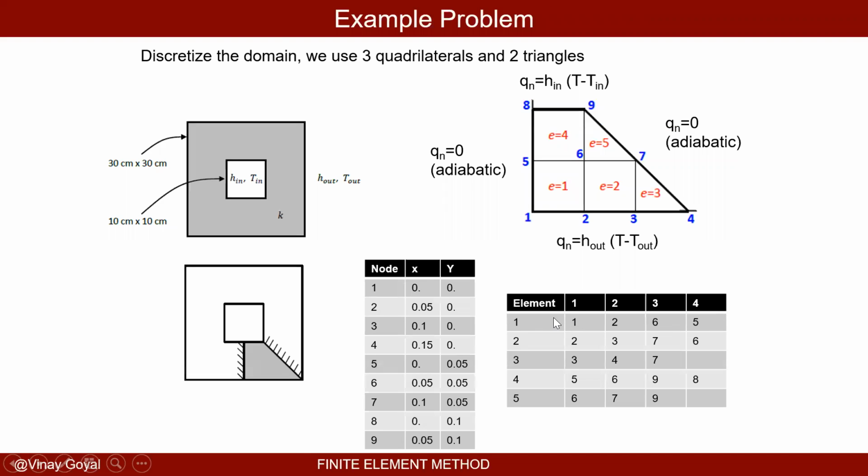So what are the nodal coordinates for element number 1 for Y? For node 1 it is 0, for node 2 it is 0, for node 6 it is 0.05, and for node 5 it is 0.05.